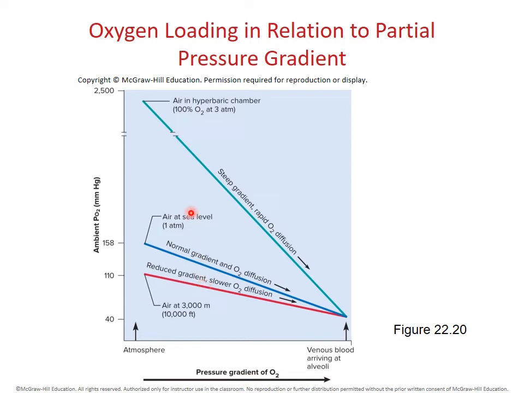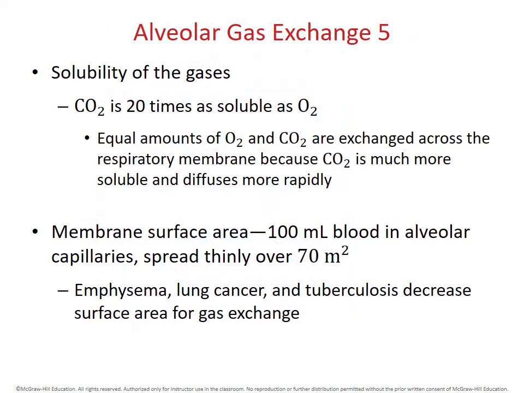And what we see essentially is that the greater the gradient, the more gas exchange is going to take place. It's not really a terribly important graph, but that's what it's trying to show, is the greater the gradient, the more gases will diffuse.